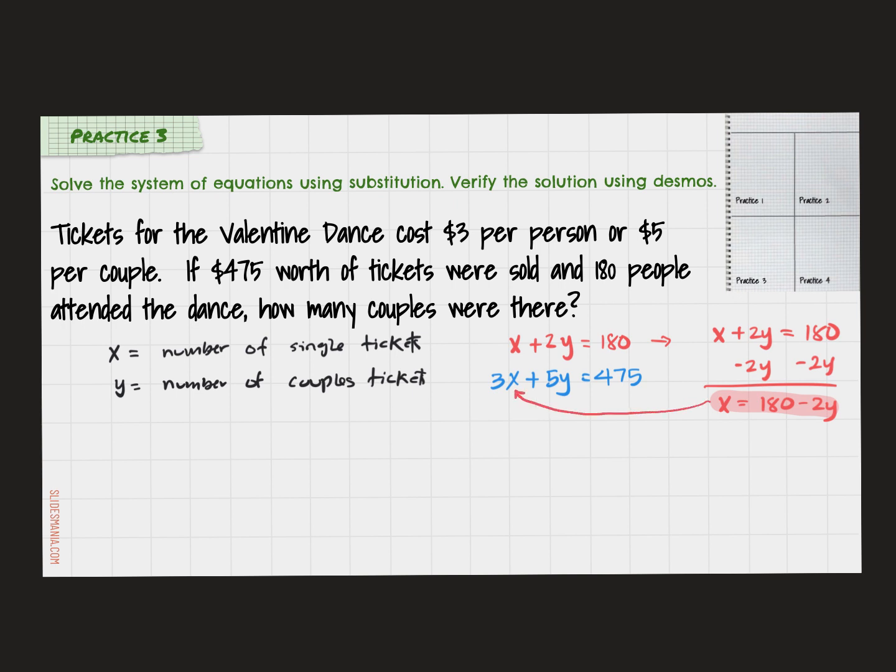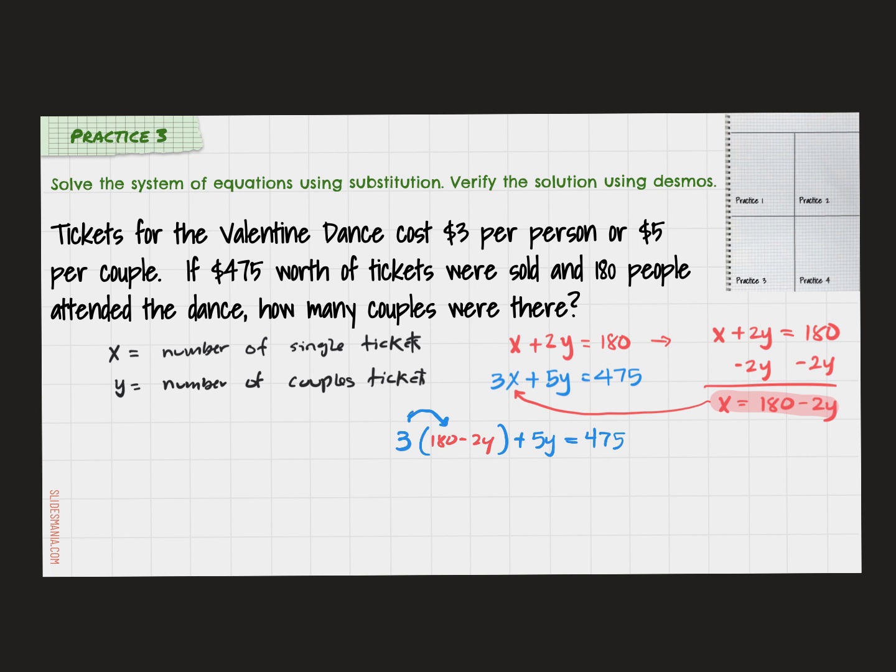So when I rewrite that equation, I have 3 parentheses plus 5y is equal to 475. My x value is 180 minus 2y. So now I can go ahead and solve for y.